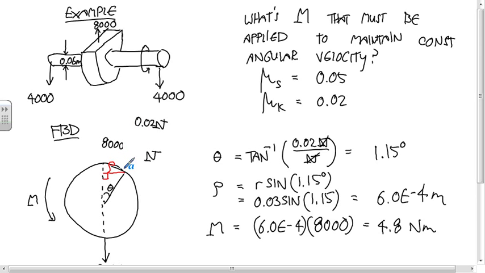So really it should be like this, and a normal, 8,000. What I did there didn't change the answers, but yeah, it would be at the bottom.